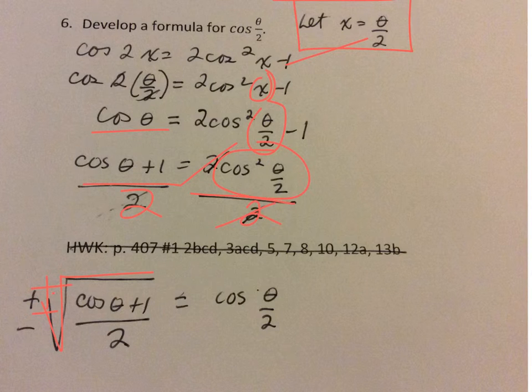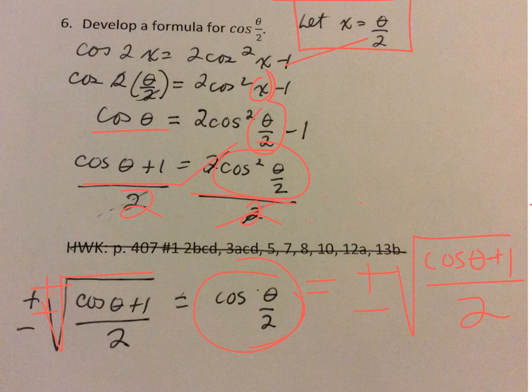Therefore, cos theta over 2 is plus or minus the square root of cos theta plus 1 over 2. Let me just write that more clearly.